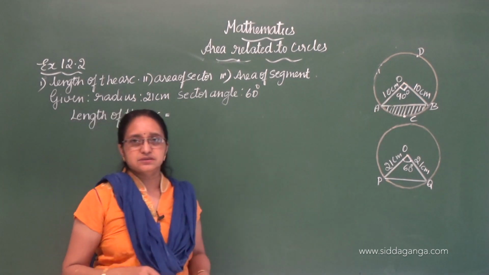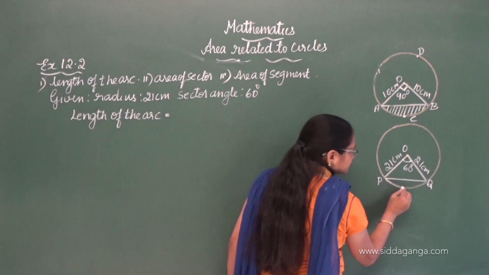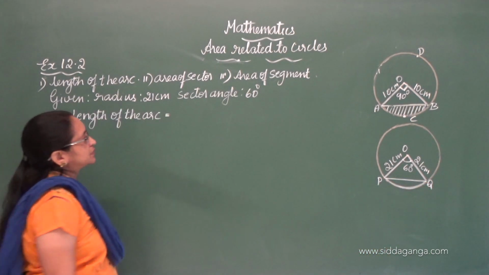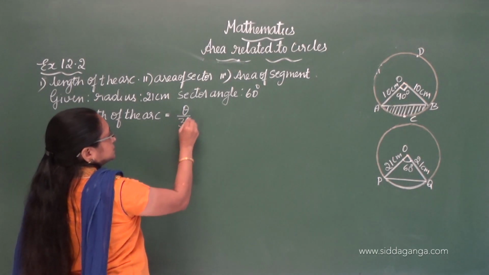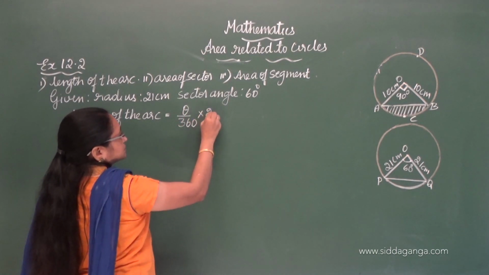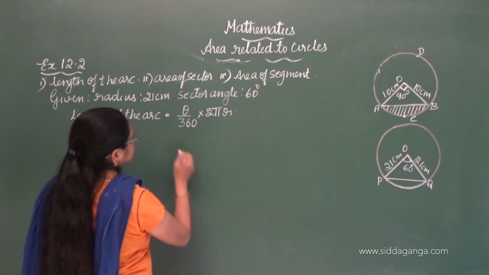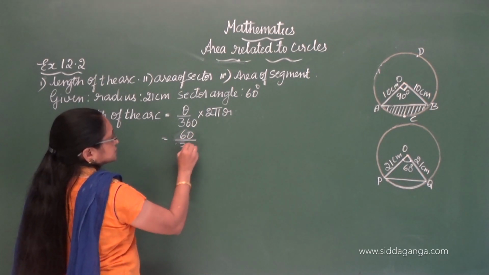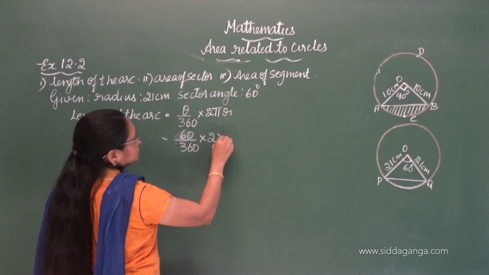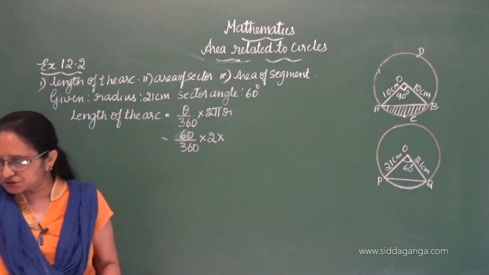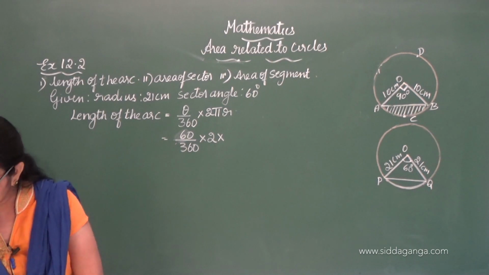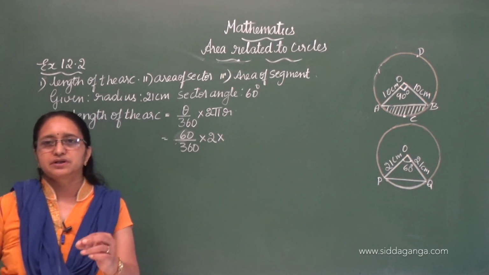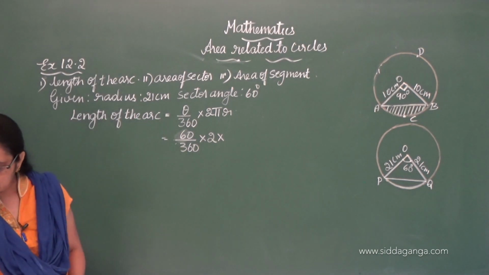Length of the arc means, I hope you all know this one, length of the arc PQ. So what is the formula? Try to recall. Theta by 360 into 2 pi r. Okay. So here theta is 60 degree by 360 into 2 into pi. Here they have not mentioned that you have to use 3.14. Please note, they have not mentioned use 3.14, so you can use 22 by 7.